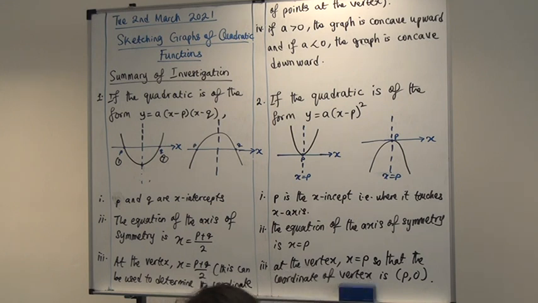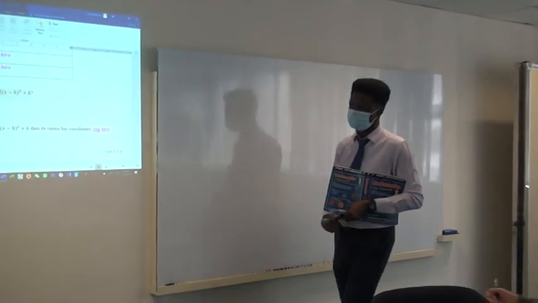Yes. So the last form from our investigation, this is like the first part of the investigation. Remember, the first part is when you have two linear factors and when you have repeated factors, right?